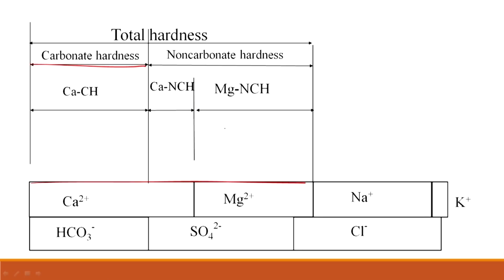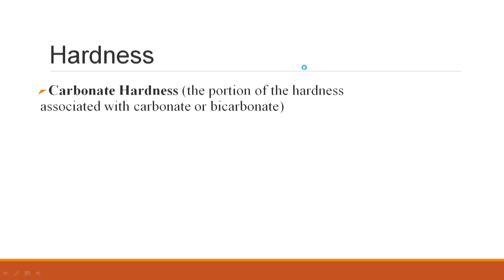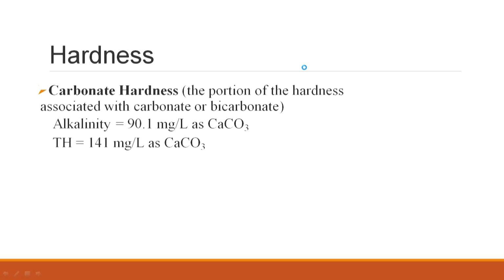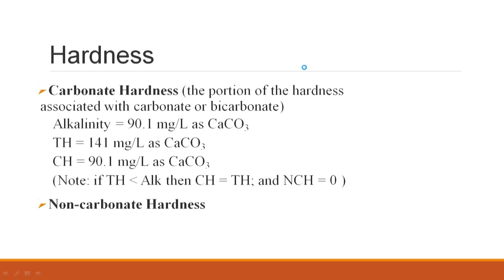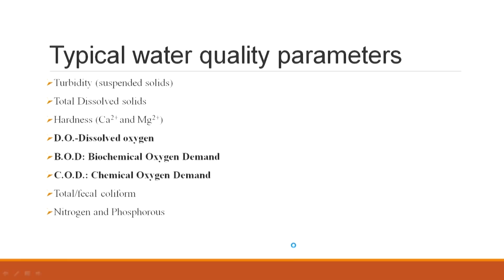So, obviously 140 minus 90, the 50 is going to be equal to the non-carbonate hardness. So, let us see carbonate hardness. It is the same as alkalinity. Total hardness is calcium plus magnesium, and then non-carbonate hardness is going to be the difference. So, that is equal to 50.9 milligrams per liter as CaCO3, right.